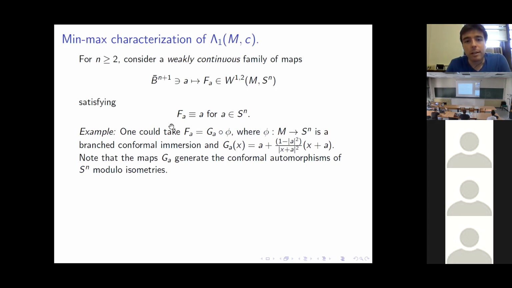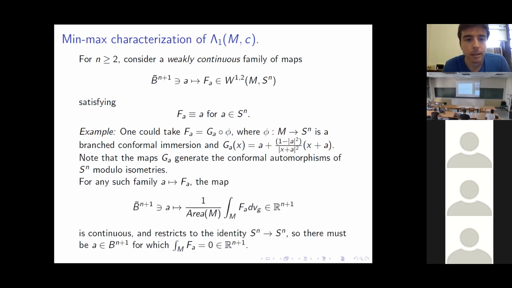For instance, one can take f_A to be g_A composed with phi, where phi is some branched conformal immersion that we fix from our surface into S^n, and g_A is a family generating the conformal automorphisms of S^n modulo isometries. So modulo rotations of S^n, this class of families includes the families whose min-max energies Li and Yau used to define the conformal volume.